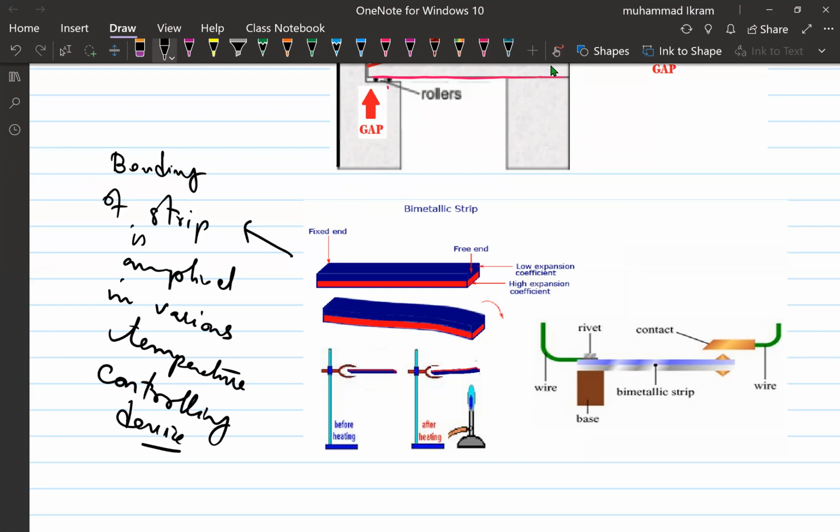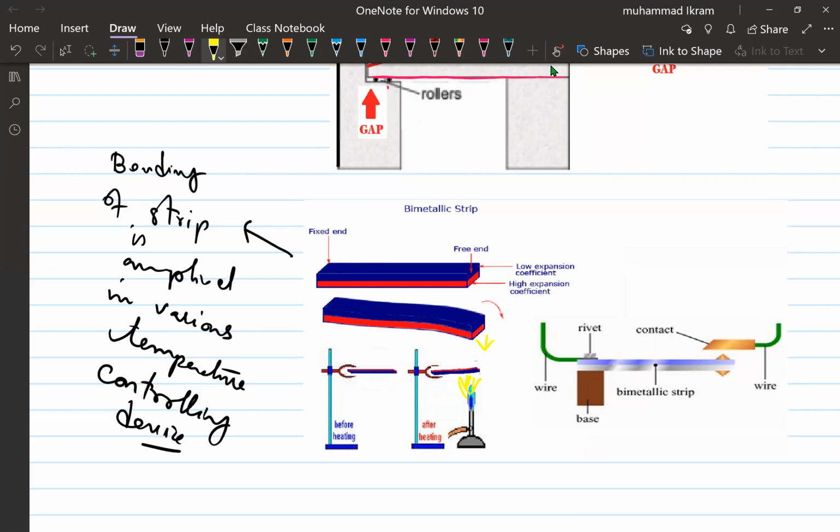Now look, as you see here, when this end of the bimetallic strip is heated, it bends, right? It bends in a way that the side of the higher coefficient of expansion material is on the outside.